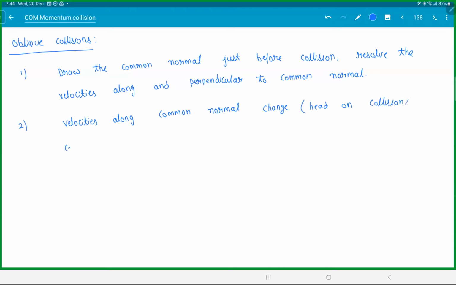And the components of velocities perpendicular to the normal are unaffected. Then finally, add the perpendicular components to the final velocities.